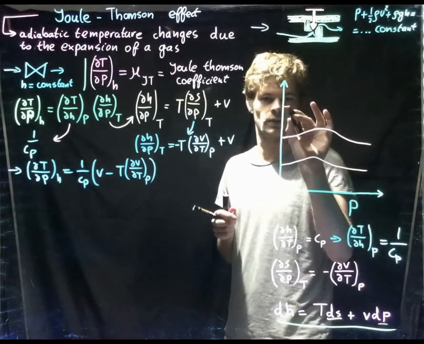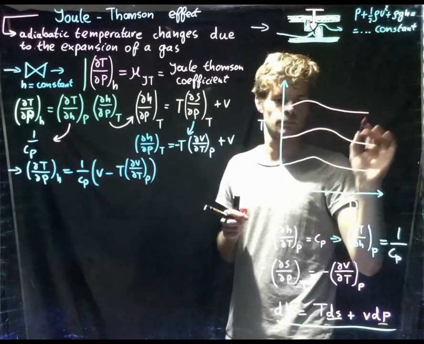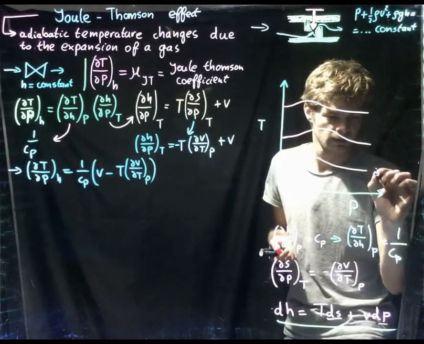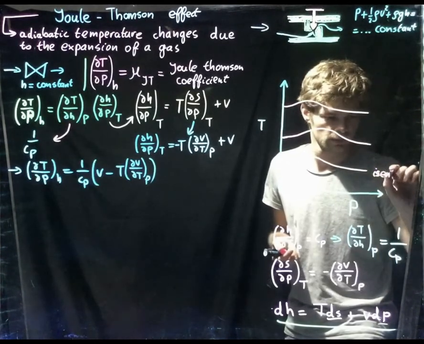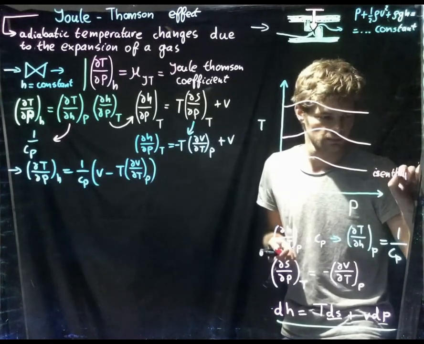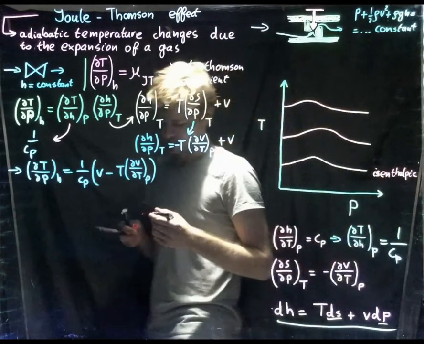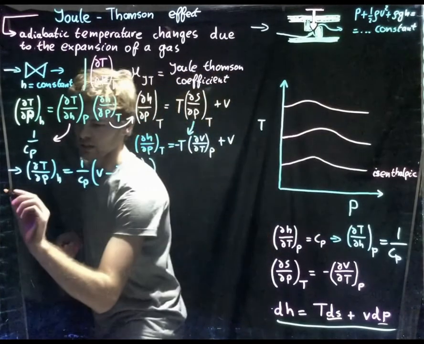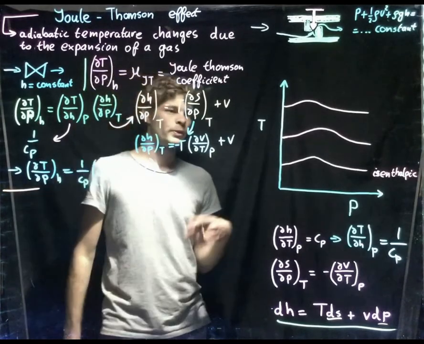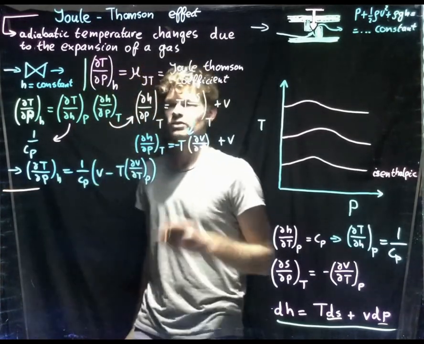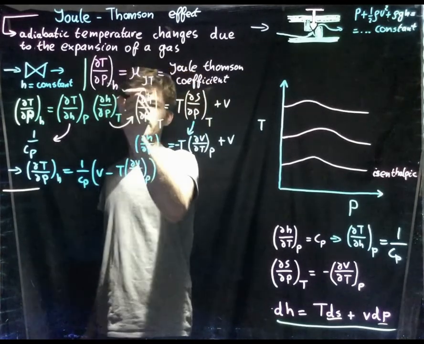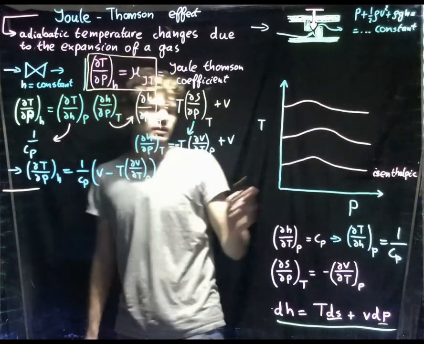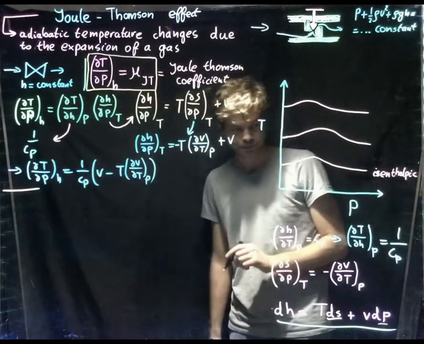And these lines are all isenthalpic. Well, if we take a close look into these lines, we can see that there's no such thing as a fixed dT/dP for a fixed H. It differs along the line.